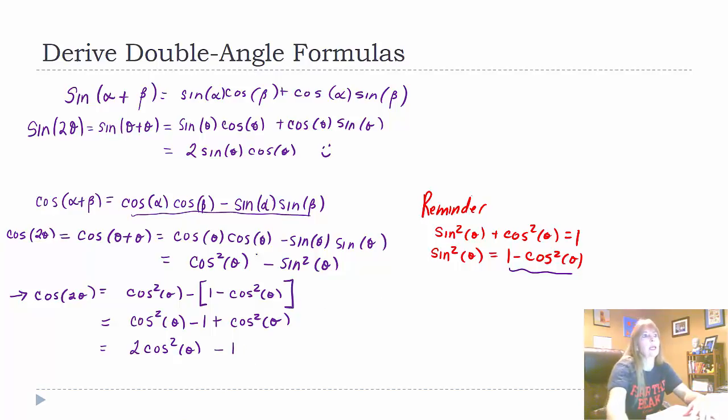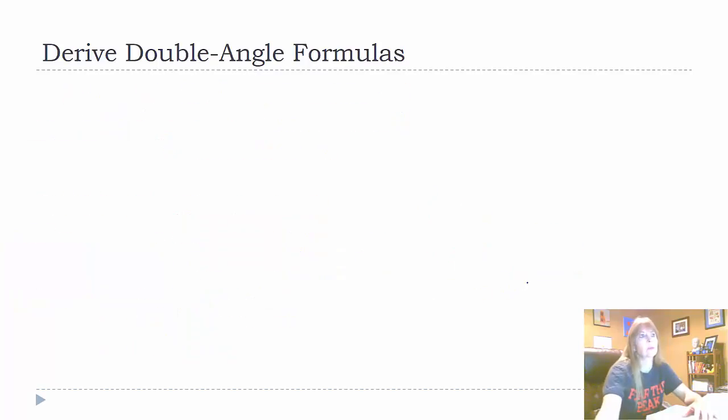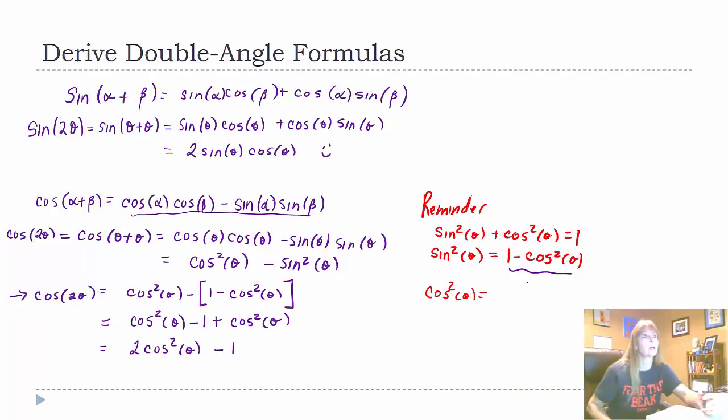And then doing the same thing over on the side once again, I could have solved this for cosine squared. Cosine squared theta equals 1 minus sine squared theta. So I could have done that, right? I could have solved it for cosine instead.